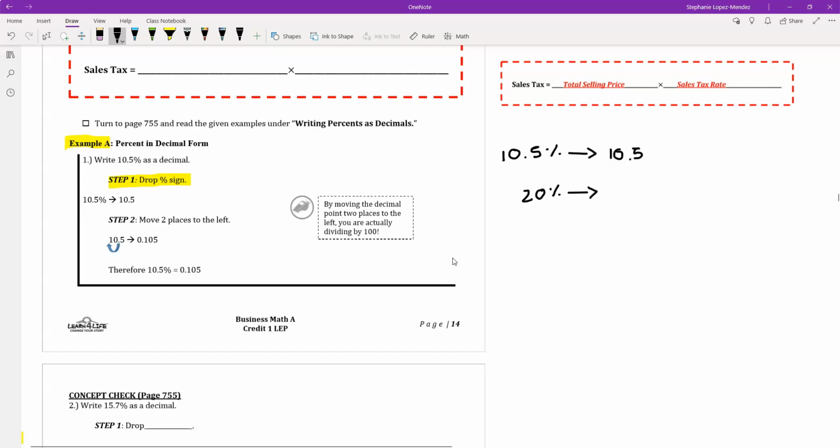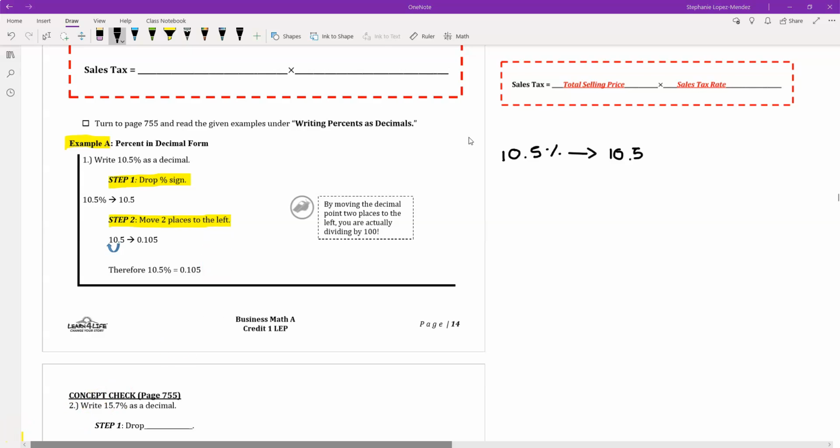My first step is still taking that percent sign. Now step 2 is to move the point 2 places to the left.